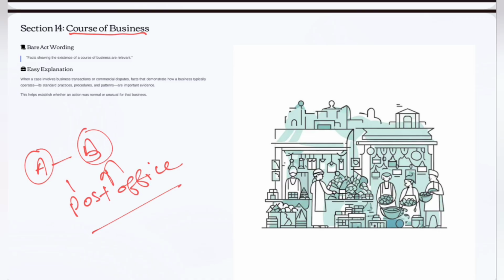It is the natural tendency of the post office to receive the letter and send it to the person who is intended to be the recipient of the letter.